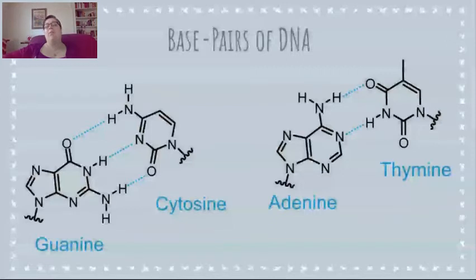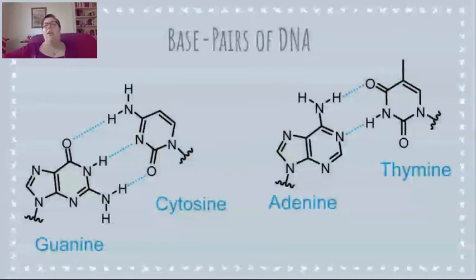And what that means is when you start forming a molecule of DNA, if you have adenine on this side, it will always be attached to thymine on this side. And if you have thymine over here, it'll always be attached to adenine. Same with guanine and cytosine. If you have one of them on this side, you will always have the other one on this side.